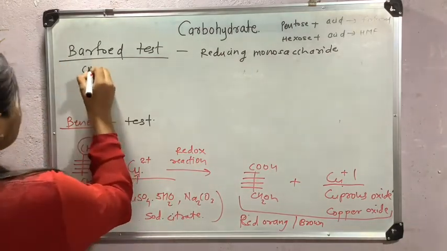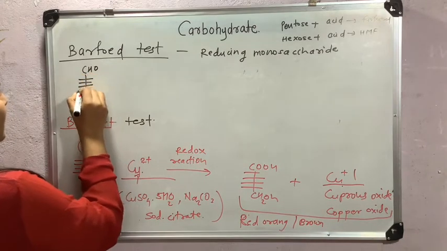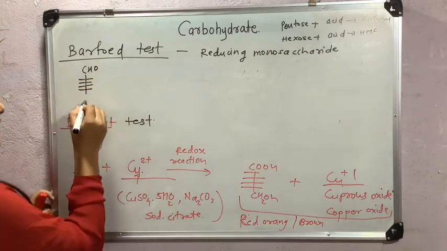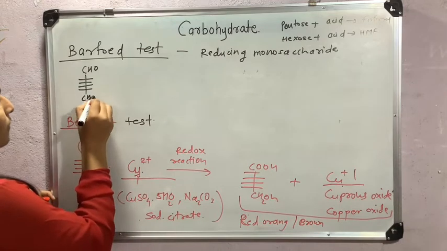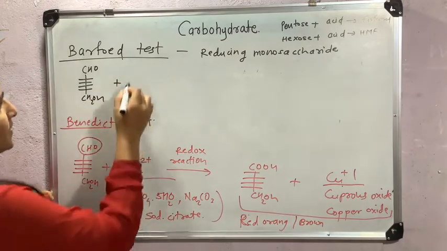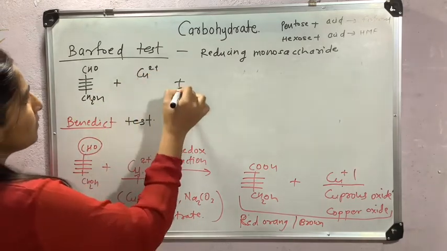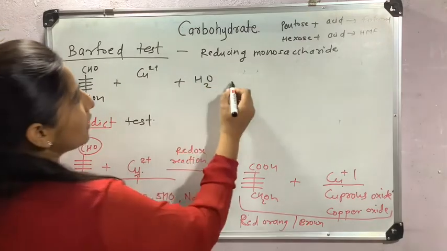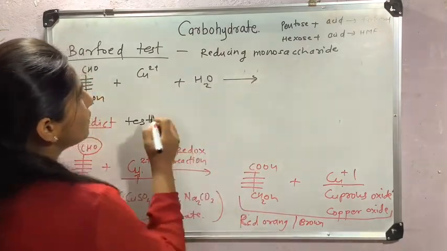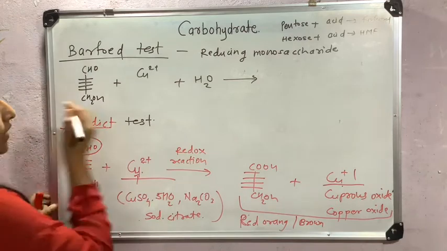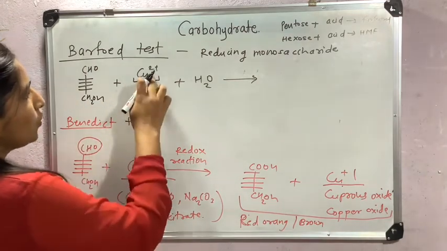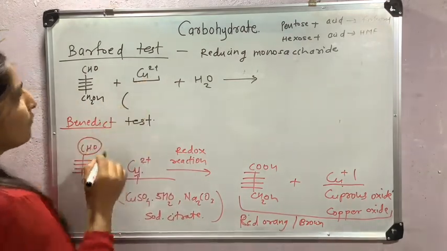The principle is: if our sample contains reducing monosaccharide, CHO, then again Cu2+ and a water molecule are there, with copper in 2+ oxidation state from the Barfoed reagent.